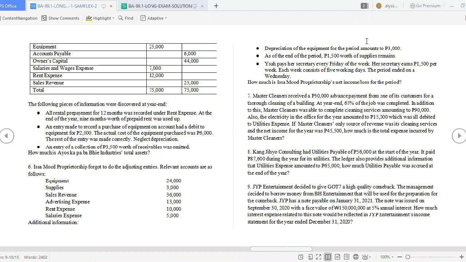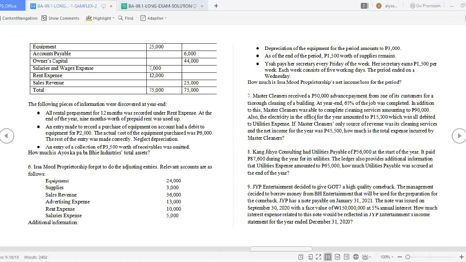So Master Cleaners received 30,000 advance payment from its customer. At year end, 65% was completed. In addition to that, another 90,000 was recognized for the complete cleaning service.